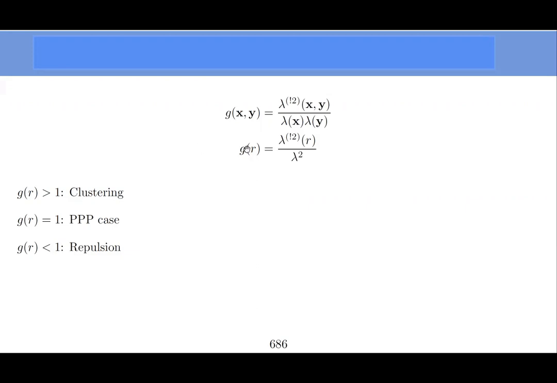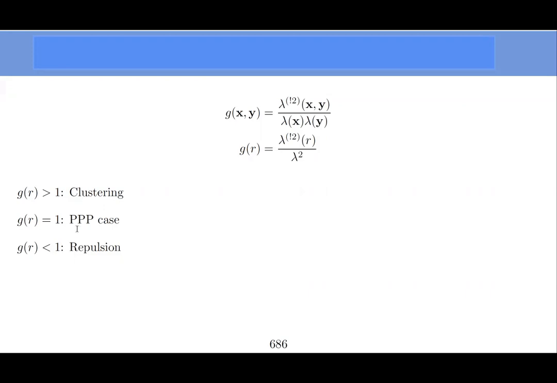The pair correlation function tells the second order characteristic of the point process. In particular, if it is more than one, then it shows there is clustering. It means that conditioning on the occurrence of a point at some location increases the likelihood of other points also being there.